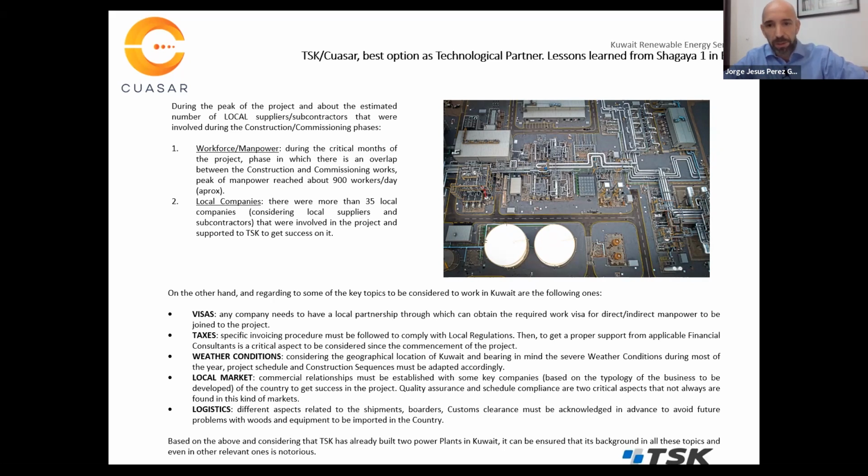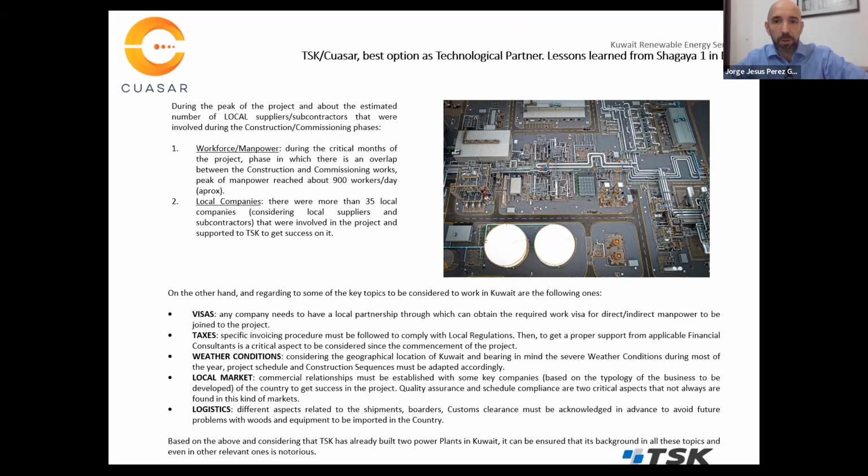There are some differences between a project in North Africa or even inside the Middle East. There are some differences between the countries. So knowing how to solve these issues is going to be very important, not only for economic reasons, but for the project itself and how it is going to be in the future. Because, for instance, a company that can manage 900 workers per day, as TSK was managing during the construction, is something unique.